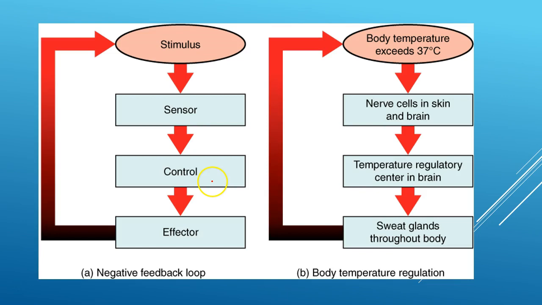The nerve cells in the skin and brain are going to notice this and tell the brain, we're too hot, we need to cool down. So temperature regulatory center in the brain is going to cause sweat glands throughout the body to produce and release sweat, so this can cool down the body temperature.